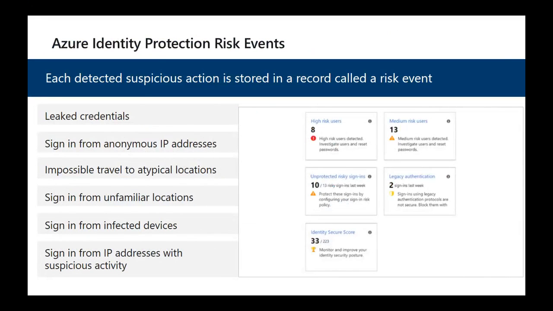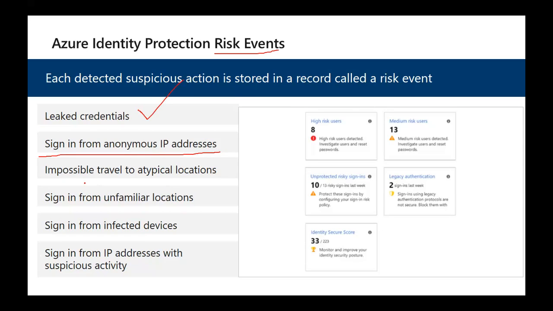Now, talking about Identity Protection, we have some risk events that are important to monitor. For example, what happens if I detect that the credentials of my users are leaked? This is going to be considered a risk event. If I detect that my user tries to sign in from an anonymous IP address, or from a web browser that is not allowed in my organization, let's think of a Tor browser, I'm going to consider this action a risky event.